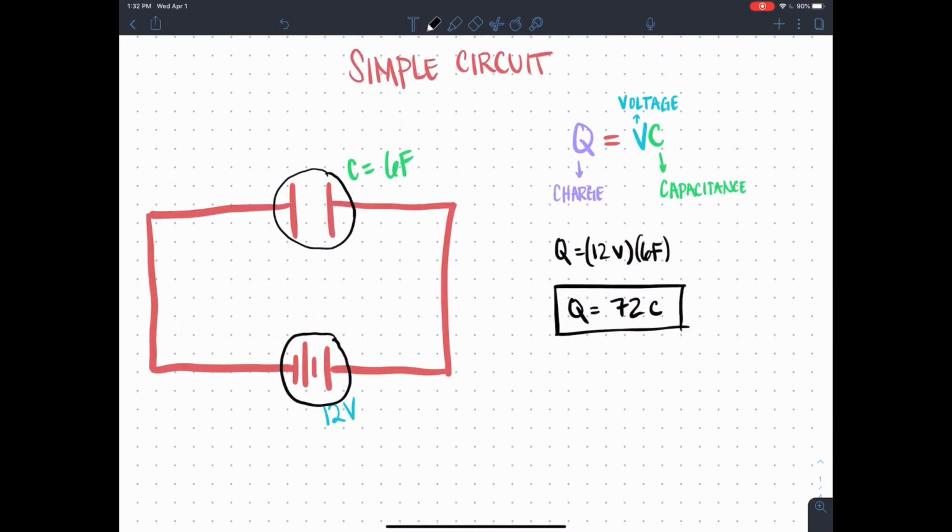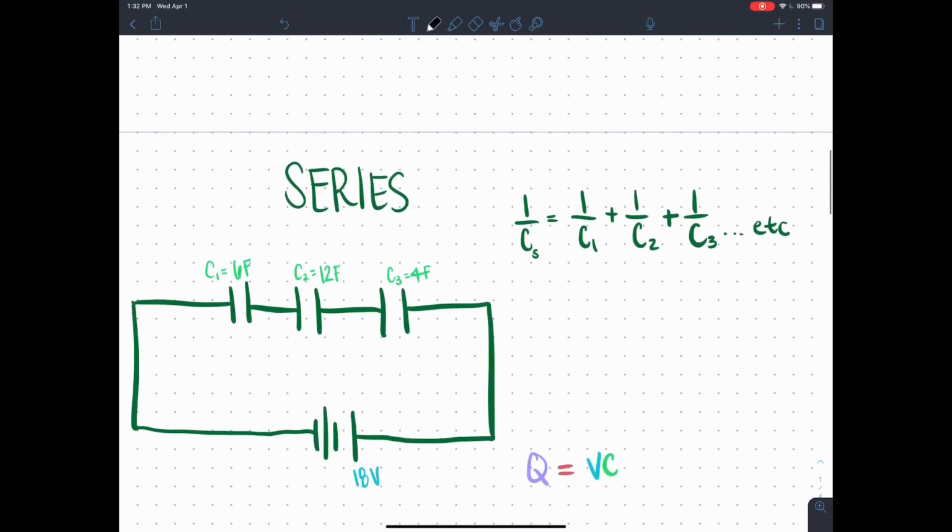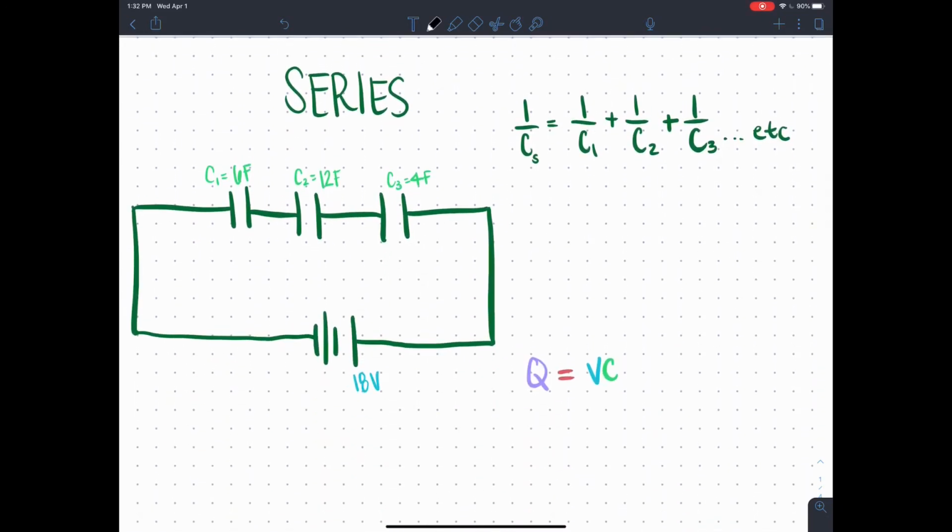All right, now that we understand this first example, we want to look at the second example, when we put capacitors in series. When we put capacitors in series, basically we're putting the capacitors side by side to each other. This means that the voltage across each of these capacitors is not the same.